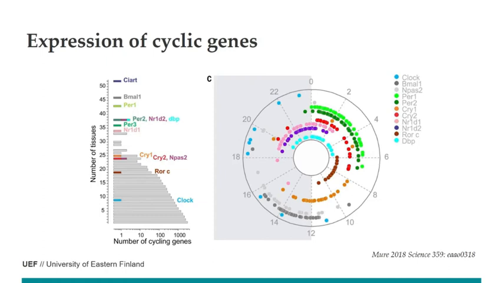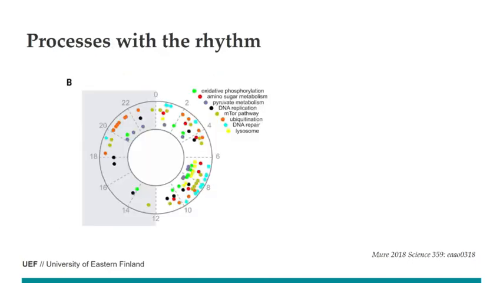So for example, PER1 and PER2 are expressed at one time, and then, for example, CREB1 is expressed at another time, etc. And then they are regulating different processes. So that's why, for example, DNA repair or lysosome-related gene expression happens at a certain time of the day, and then 12 hours later there are genes that are related to ubiquitin.